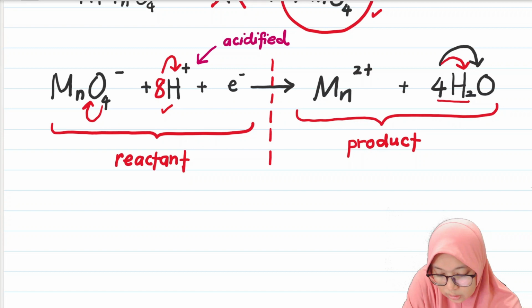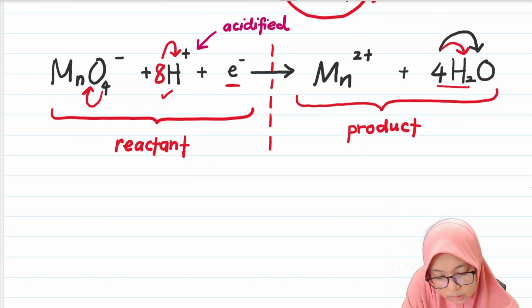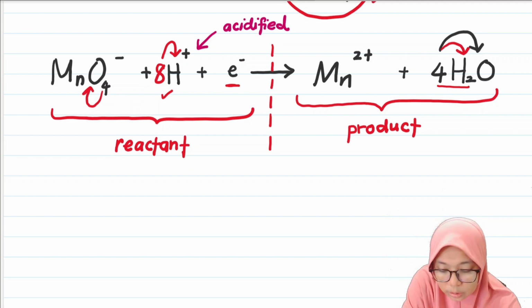Now you have to determine how many electrons the manganate ion accepts during this reaction. One method we use is to calculate the total charge of the reactant and the product.